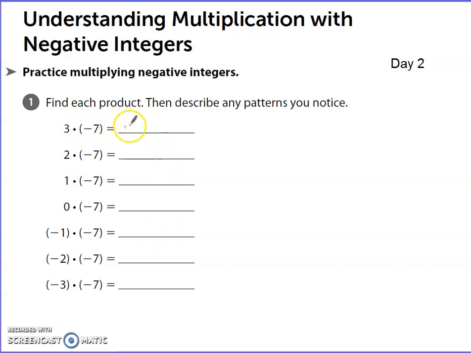These have different signs, so the answer is negative, and the product. Different signs and the product. Different signs and the product. Anything times 0 is 0. These have the same sign, answer is positive. Same sign, product is positive, so on and so forth.